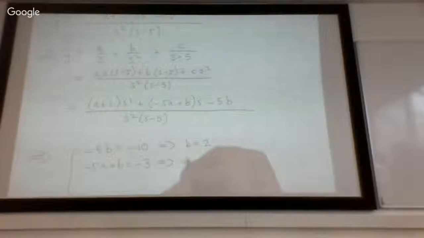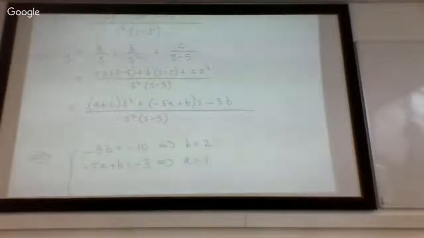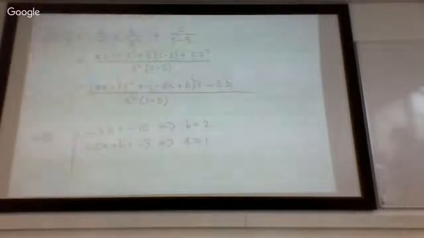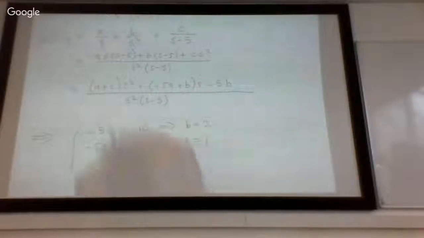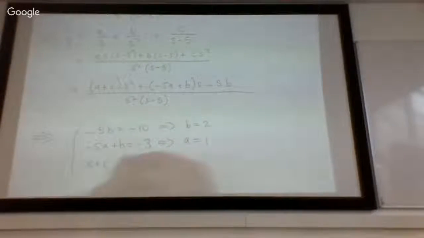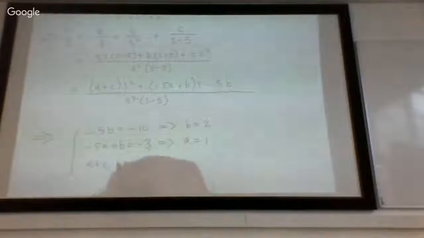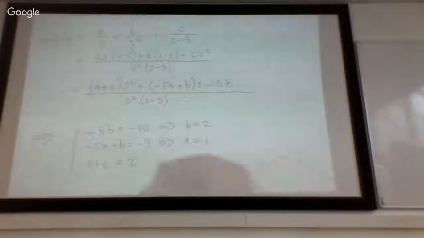So A has to be 1. And then we know A plus C has to be 2, and A is 1, so that means C has to be 1.